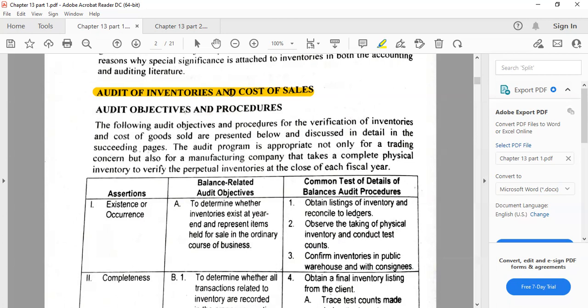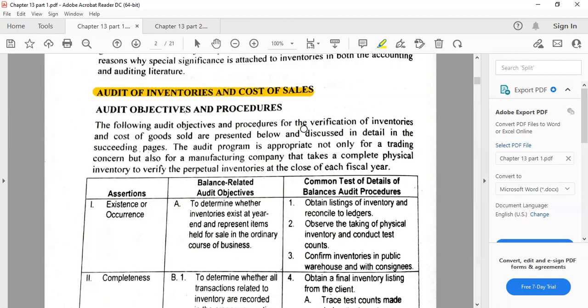So if you remember the journal entry to record the sale of goods under a perpetual inventory system, we debit cost of sales and credit inventories. So you can see how these three accounts are very much related to each other: inventories, cost of sales, and then trade payables.